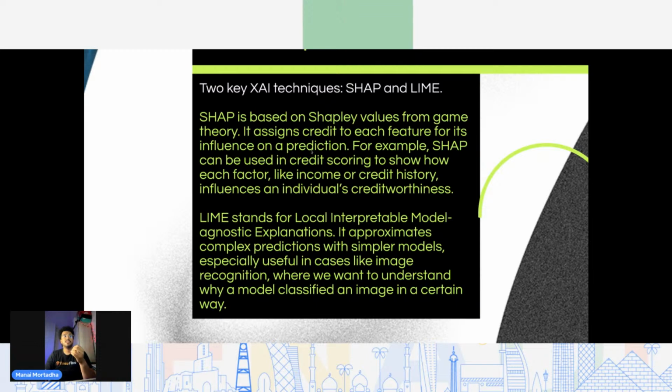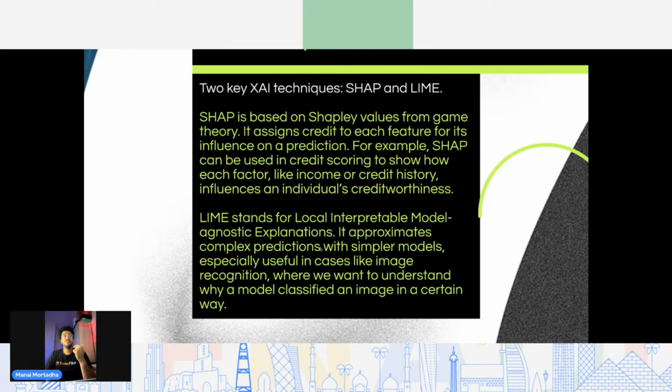It assigns credit to each feature for its influence on prediction. For example, SHAP can be used in credit scoring to show how each factor, like income or credit history, influences an individual's creditworthiness. And LIME stands for Local Interpretable Model-agnostic Explanations.